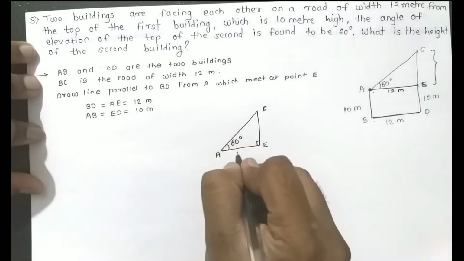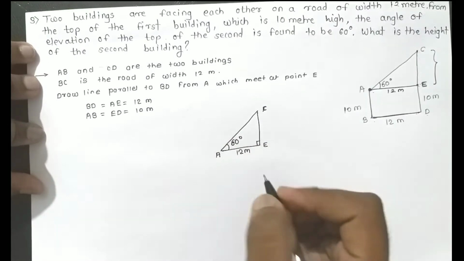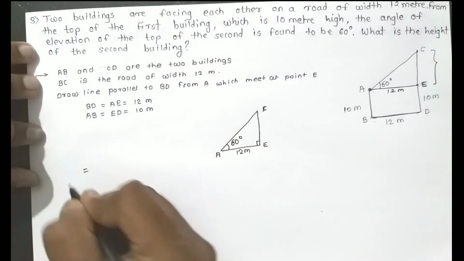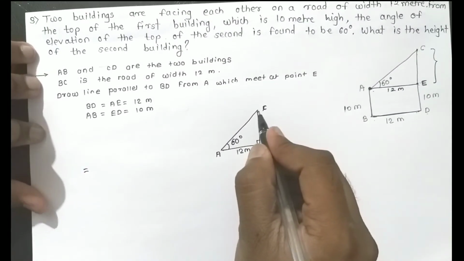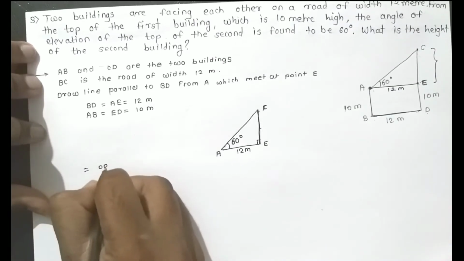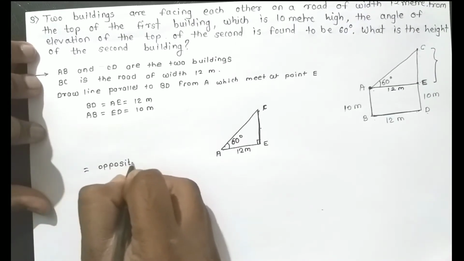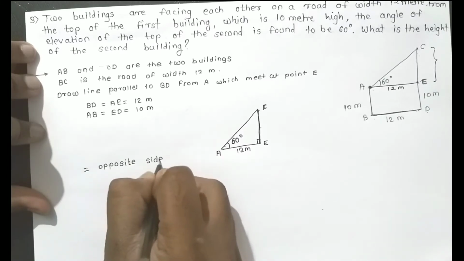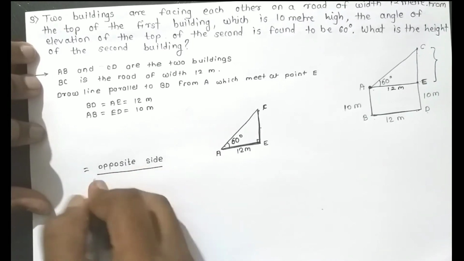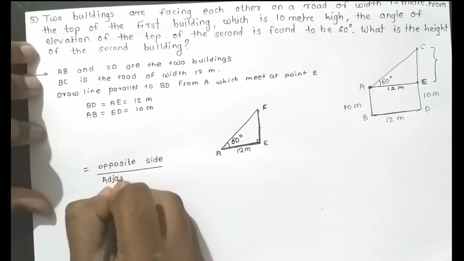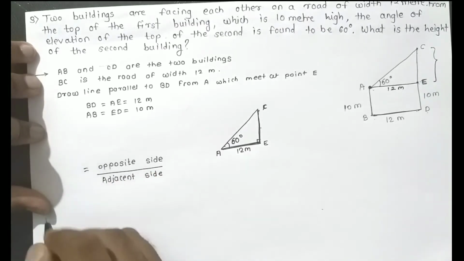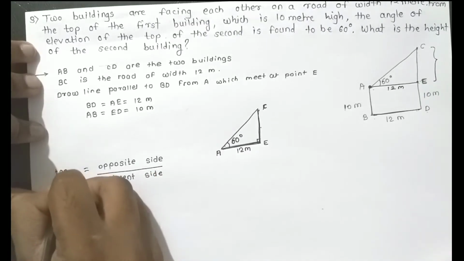From this we have to find the length of CE. So here we have to find the length of CE, that is opposite side. So here I write opposite side, and adjacent side. Opposite upon adjacent is the ratio of tan theta.